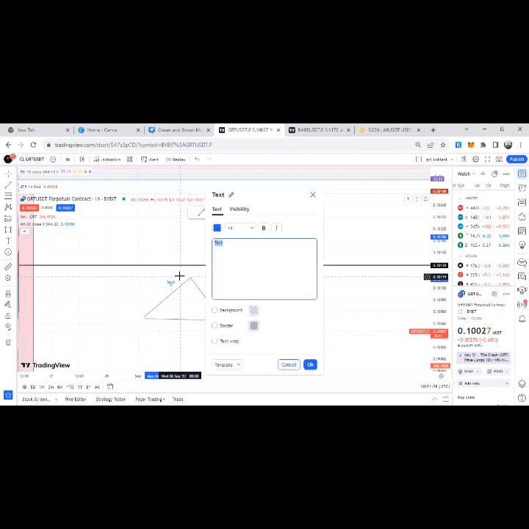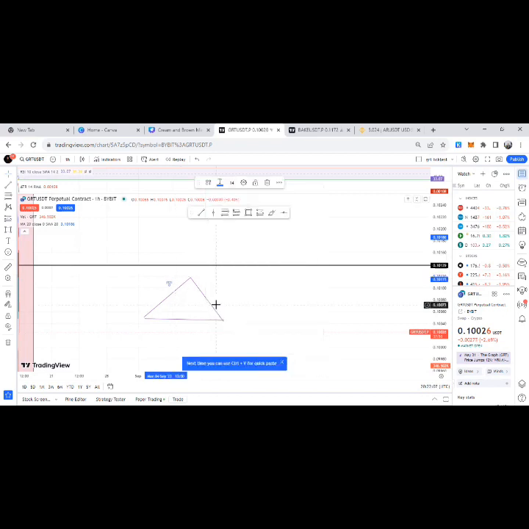Okay, so we want to draw. Let me see if I can just type. Oh, that's RM. So this is our risk management box. On top of it, we are going to have what I call maximum exposure.